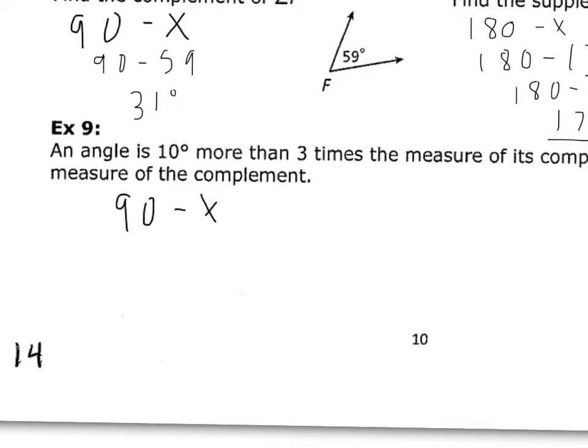We have x equals 3 times the measure of its complement, which is 90 minus x. We also know that the angle is 10 degrees more than 3 times the complement, so we're going to add 10 back at the end. Okay, so we're going to go ahead and solve for x.